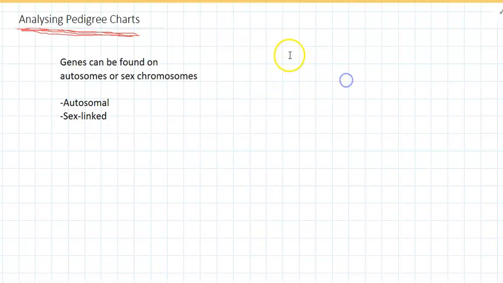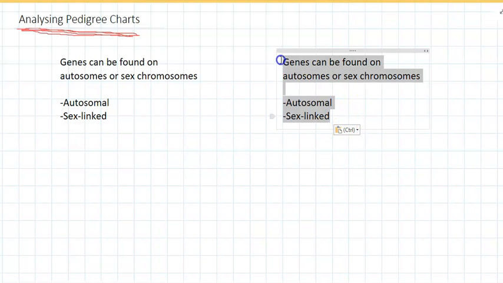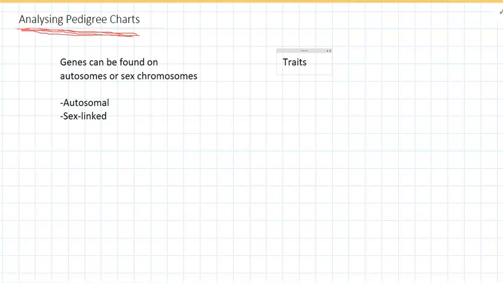As well as that, we remember that traits can be dominant and recessive. So that means there's actually 4 types of inheritance for how genes can be passed on, from what we've learnt so far.